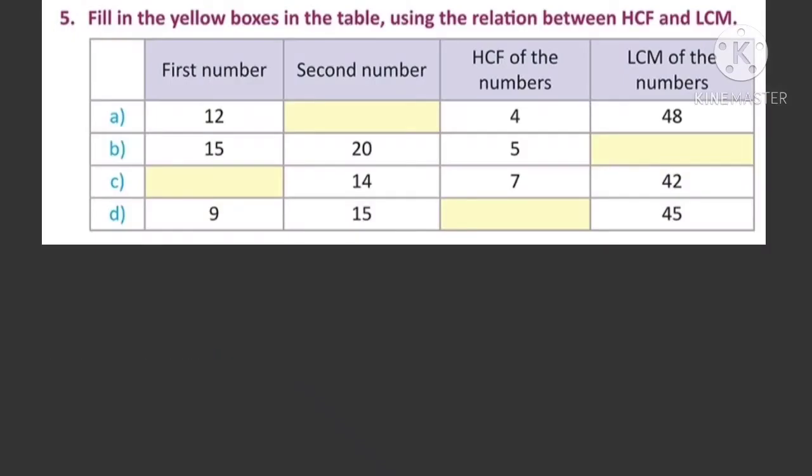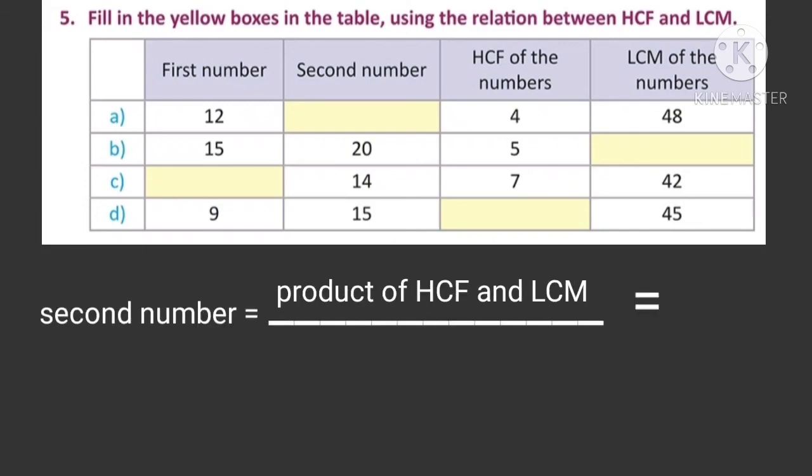Now we'll move to next sum. Fill in the yellow boxes in the table using the relation between HCF and LCM. In first box, first number, HCF of the numbers and LCM of the numbers given. Now we have to find second number. We know that second number equal to product of HCF and LCM divided by first number.